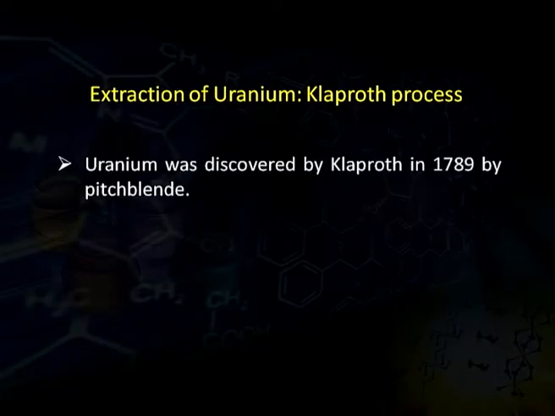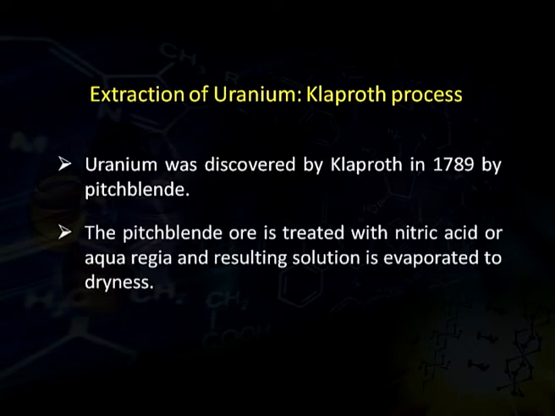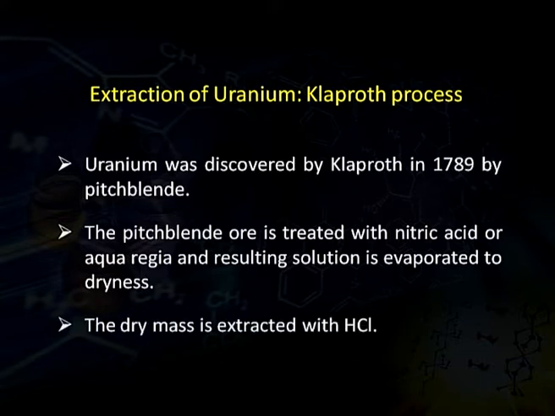Let us discuss the extraction of uranium, the famous Klaproth process. Uranium was discovered by Klaproth back in 1789 from pitchblende. The pitchblende ore is treated with nitric acid or aqua regia and the resulting solution is evaporated to dryness. The dry mass so obtained is extracted with hydrochloric acid.